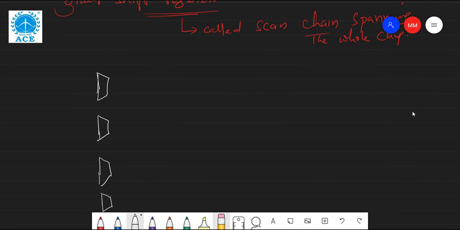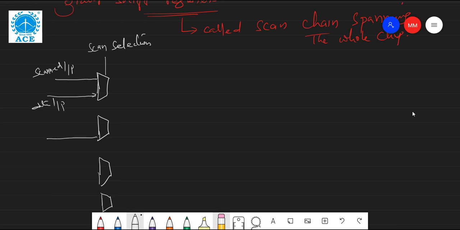This is the scan input, and the muxes have select lines, so I am naming it scan selection, and this is the data input.